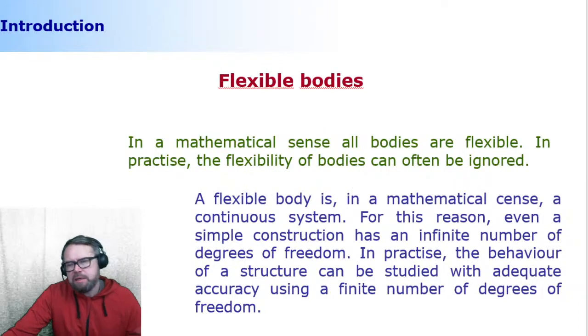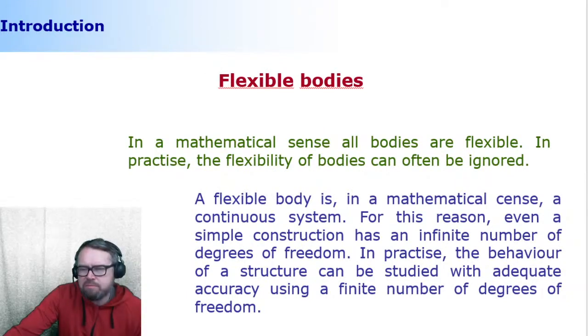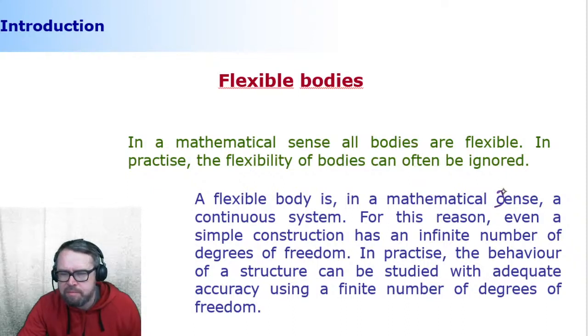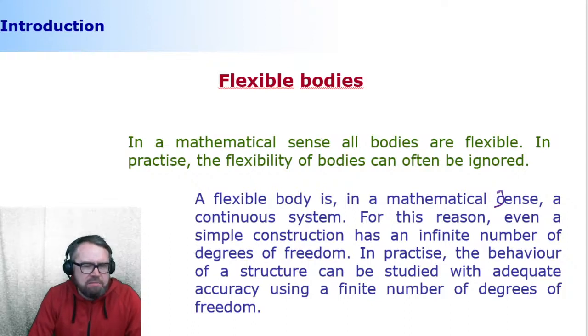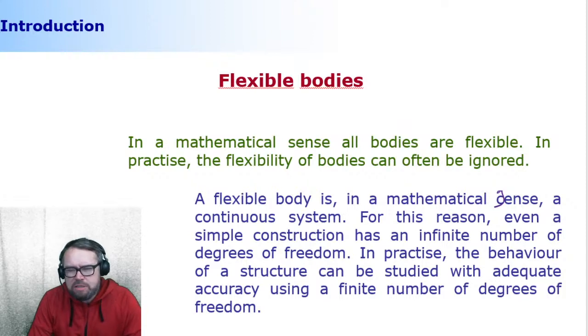All right. I think this is something that I explained to you last semester, but let me re-explain this to you. Flexible bodies. Every single body is a flexible body. Like we've been describing earlier, we can use this assumption of rigid bodies. Well, there's no such thing as rigid bodies in real life. Every single body is deformable.